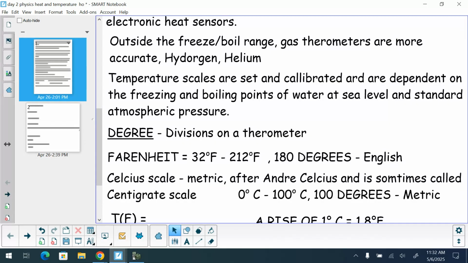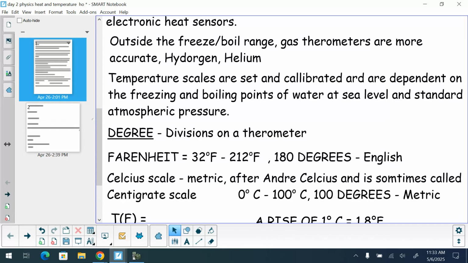But the Celsius scale is a metric scale named after Anders Celsius. It's sometimes called the centigrade scale, because everything in the metric world is based on factors of 10. The centigrade scale is based on a factor of 100.